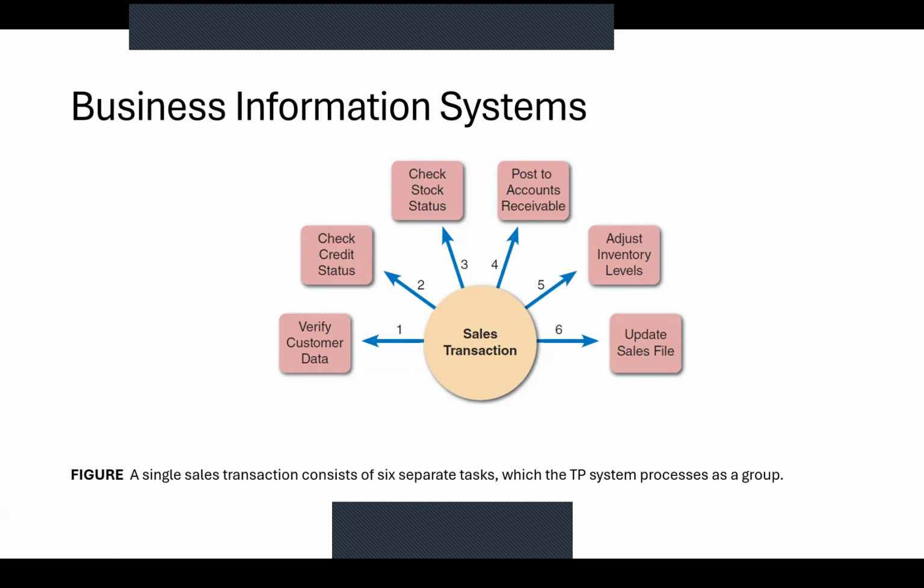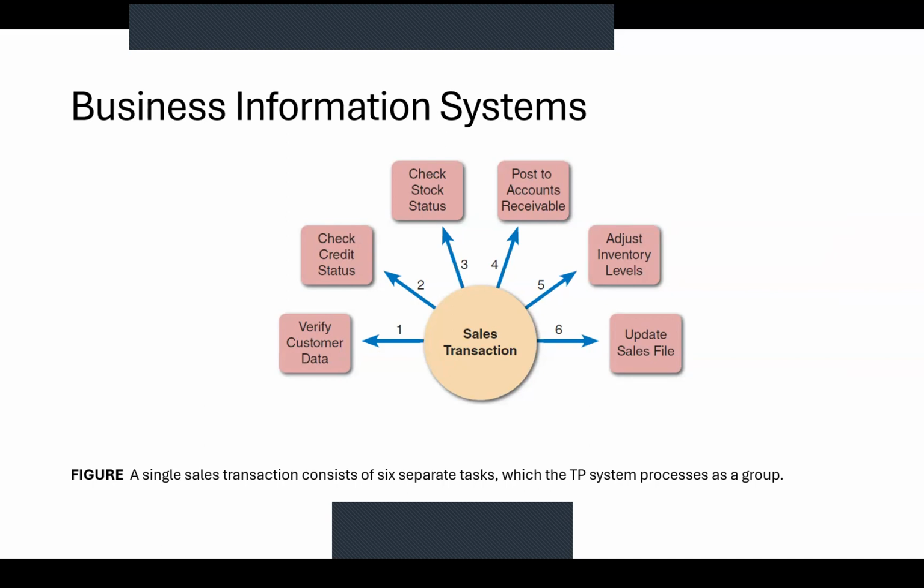When you order one laptop, and let's say they have 10 laptops in their inventory, after your order is done and shipped, the inventory is adjusted. And then the sales file is also updated. So this whole thing is a part of an information system.